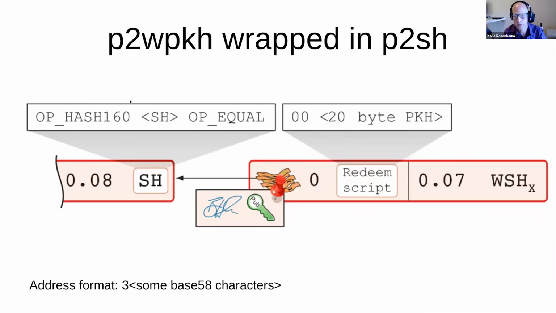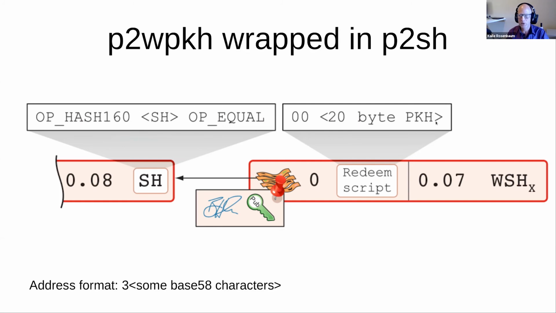And then you have these horrible wrapped addresses. Pay to witness public key hash wrapped in pay to script hash. So you have a script hash here, which must match this redeem script.